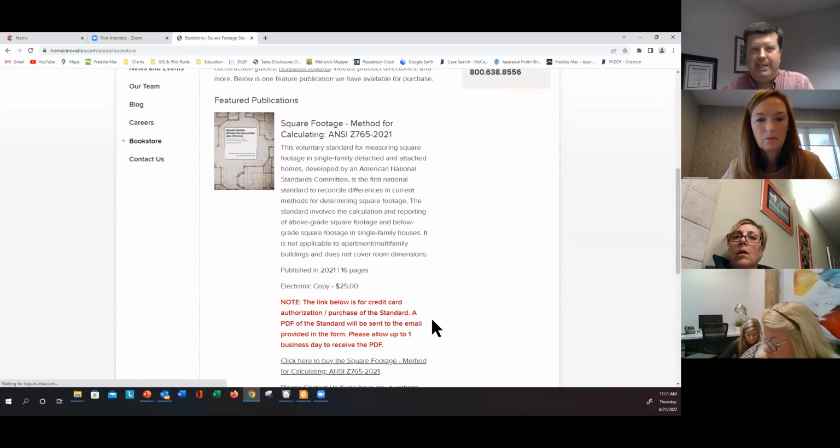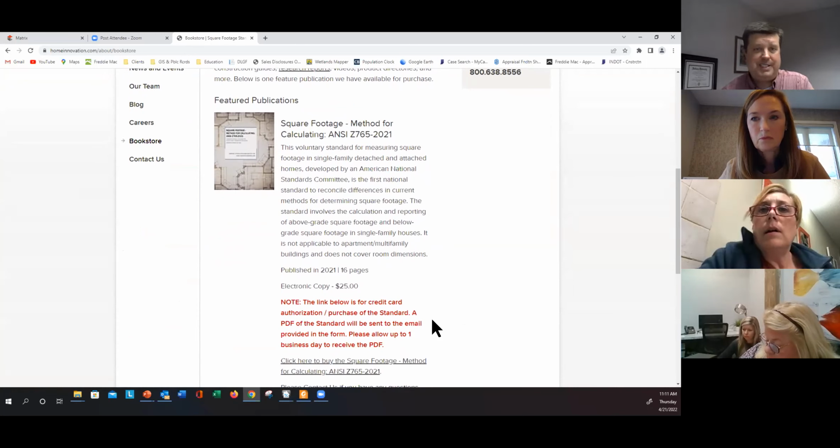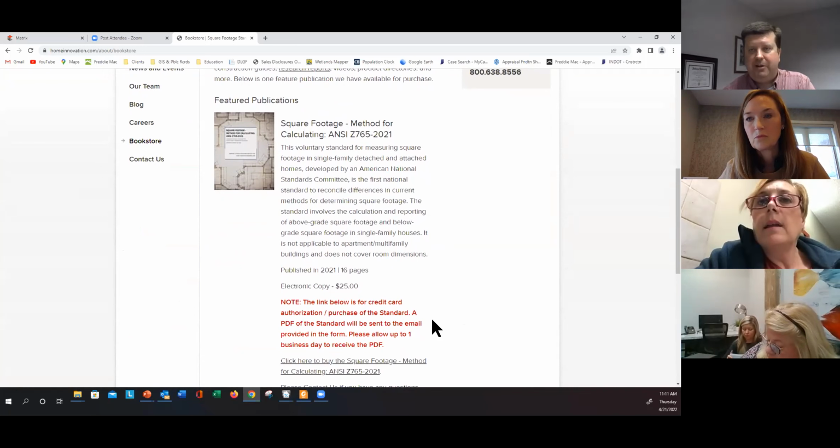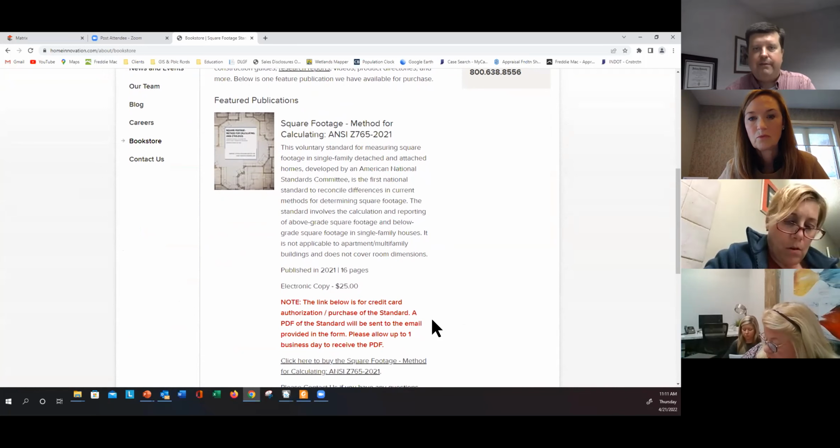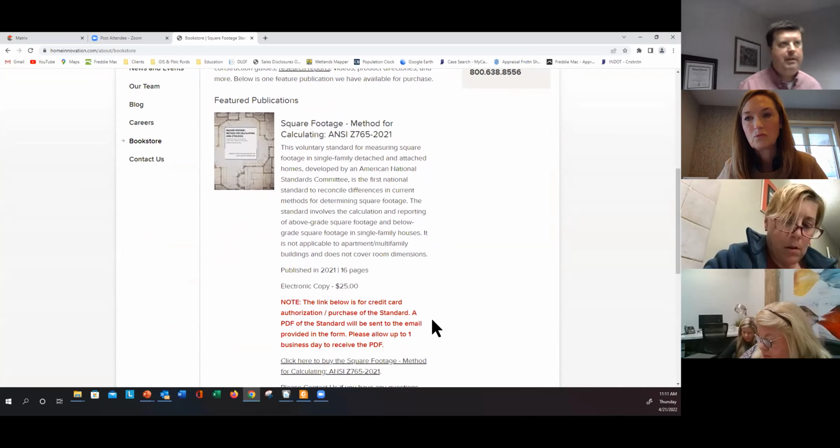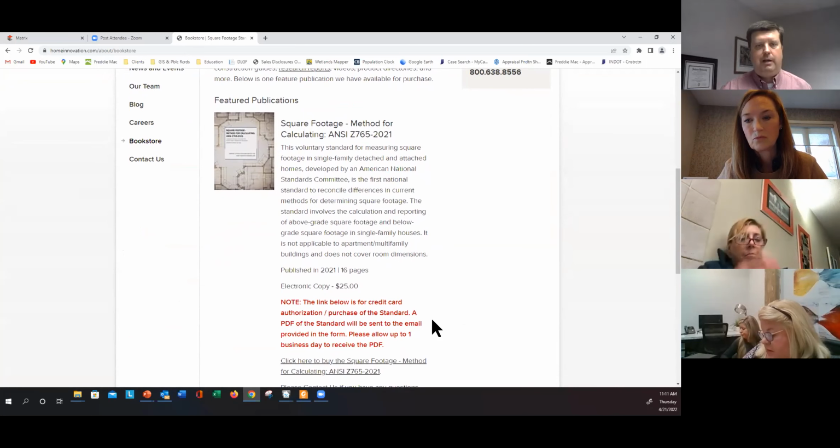It's about 16 pages long, but quite honestly, the standard is only 3 or 4 pages long, so it doesn't take a whole lot of time to read it and get familiar with it. But Jacob, to answer your question, no, I don't think this is going to be exclusively for appraisers. If you wanted to start your own side business with just measuring homes as a broker, you could certainly do that.